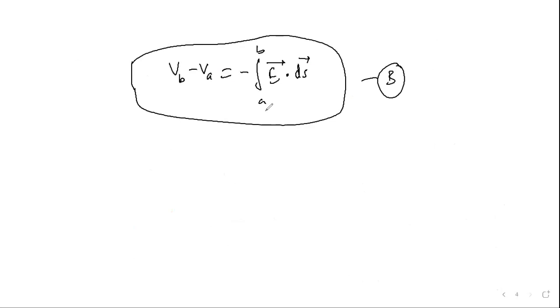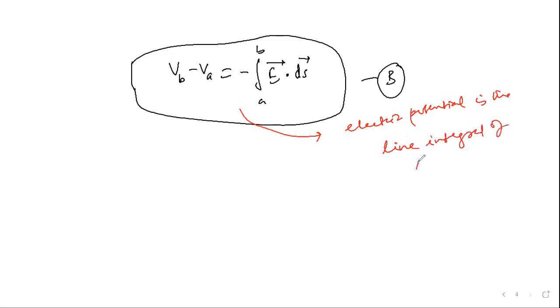So if the field is non-uniform, then you can use this equation to find the potential difference between the 2 points A and B within the electric field. You can see this kind of integral is called a line integral. Sometimes we state this equation by saying electric potential is the line integral of the electric field.